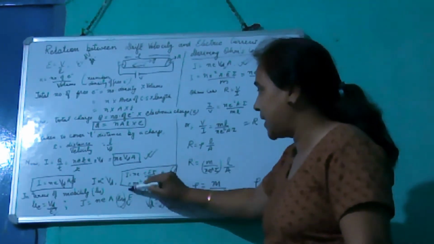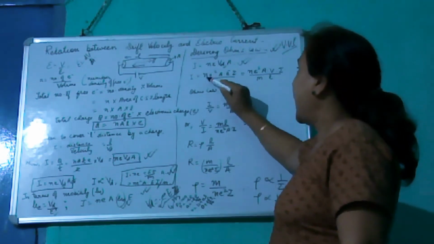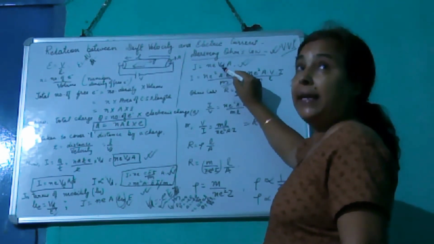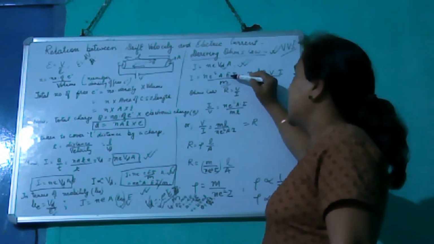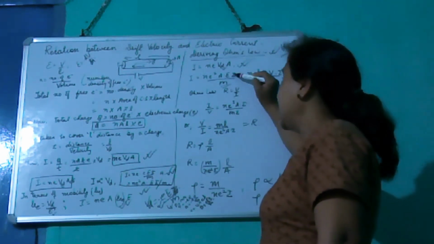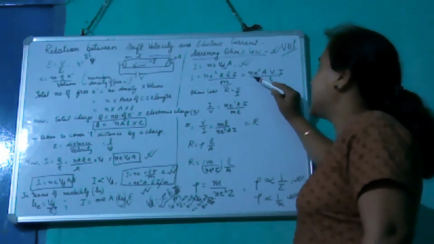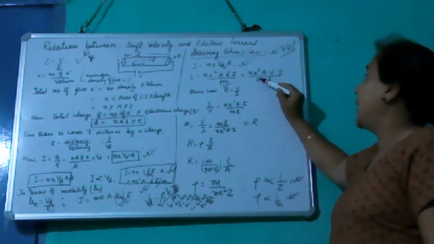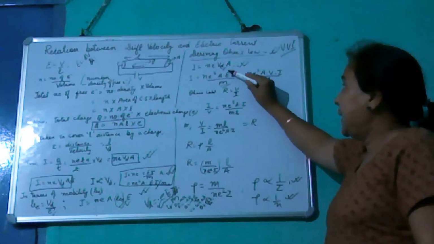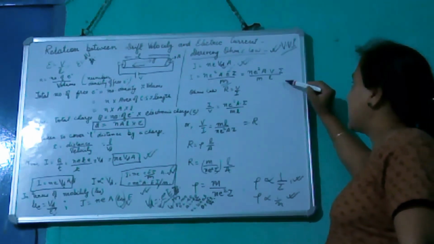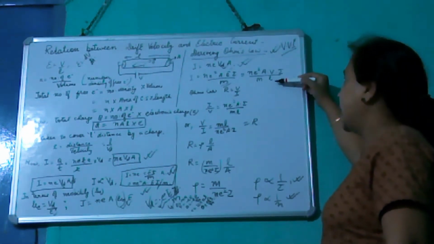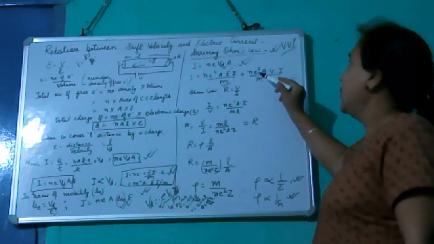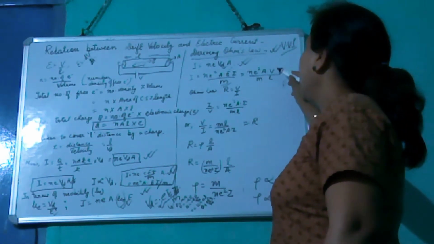I'm just writing this term here: n e squared A E tau upon m. I have just done E is equal to V upon L, so I replace E by V upon L into tau. So we have n e squared A into V.